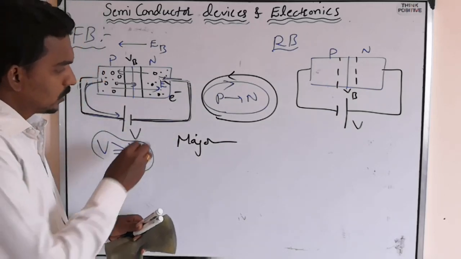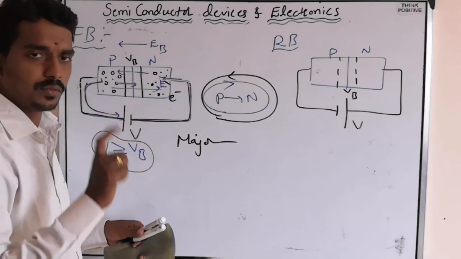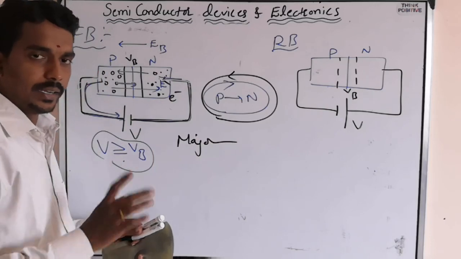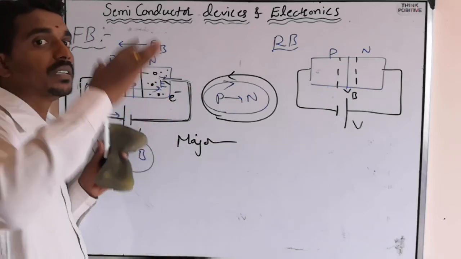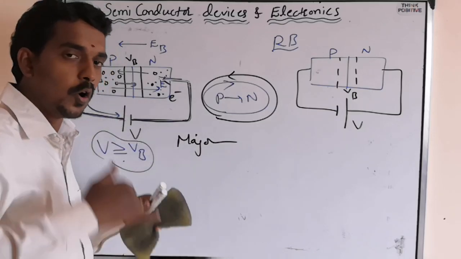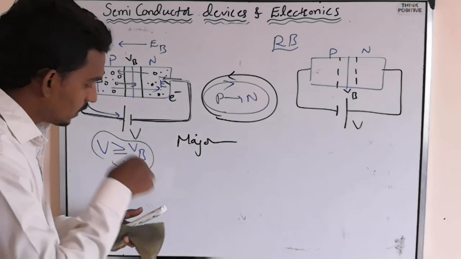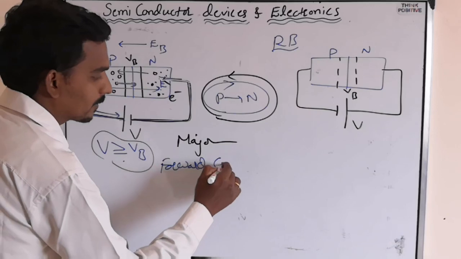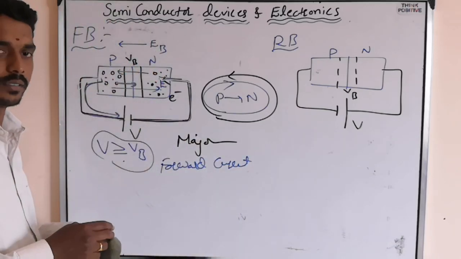Now, diffusion current is due to majority charge carriers, first point, and diffusion current is from P to N, and diffusion current is very large because it is due to majority charge carriers. More charges, more current. And this only we call forward current, because this connection is called forward bias.